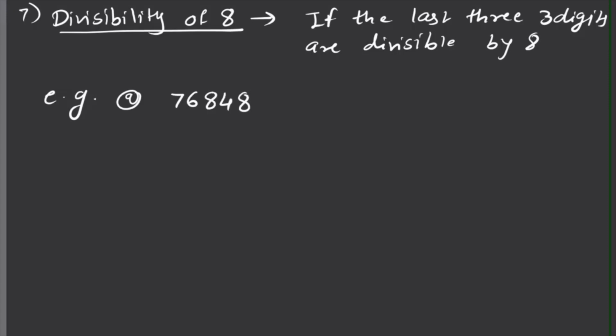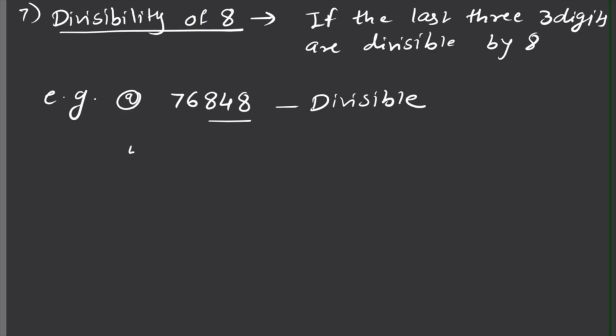76,848. In this example the last 3 digits are 848 and they are divisible by 8. That's why the whole number 76,848 is divisible by 8.